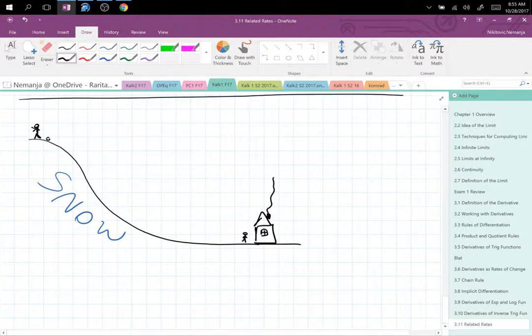Drop a snowball. What happens? Yeah. So the snowball will roll down the hill.